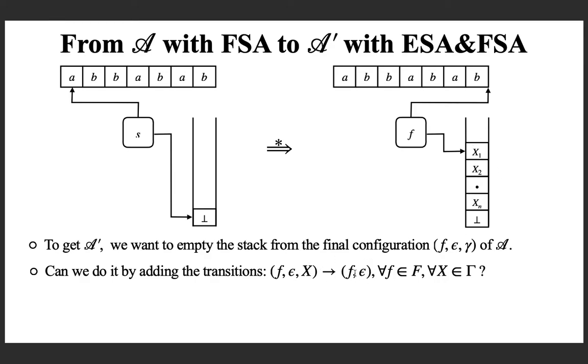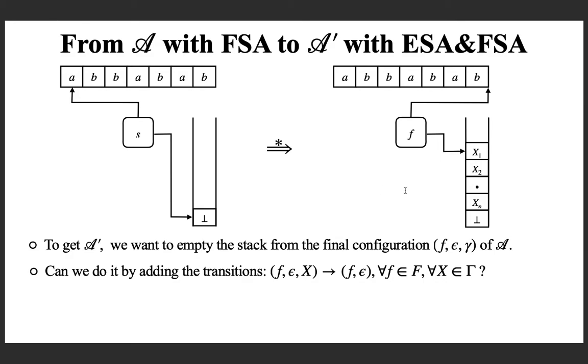You take out that symbol without changing the state, as long as there are symbols. Note that here x is an arbitrary symbol, so for x1 the transition is f, epsilon, x1, like that. This will allow you to empty the stack in this particular case. So in this case you are done.